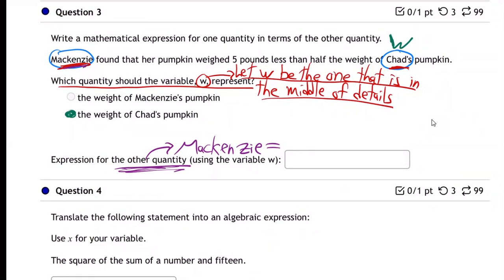Let's just take the sentence as it comes. Mackenzie found that her pumpkin weighed, equal to, 5 pounds less. Do you realize that means the 5 is subtracted at the back? That's the key.